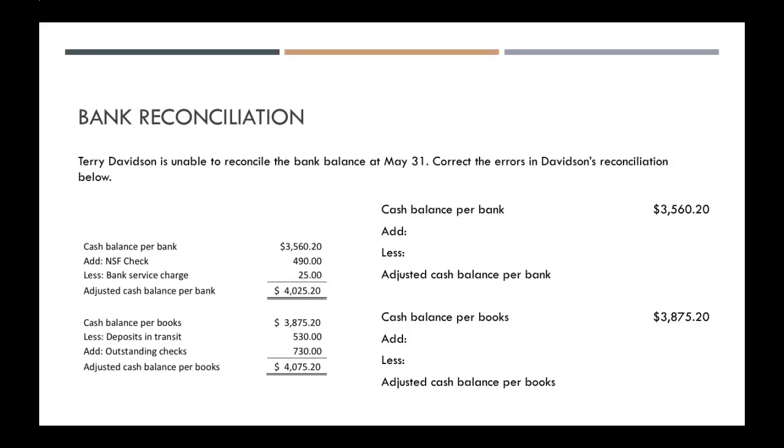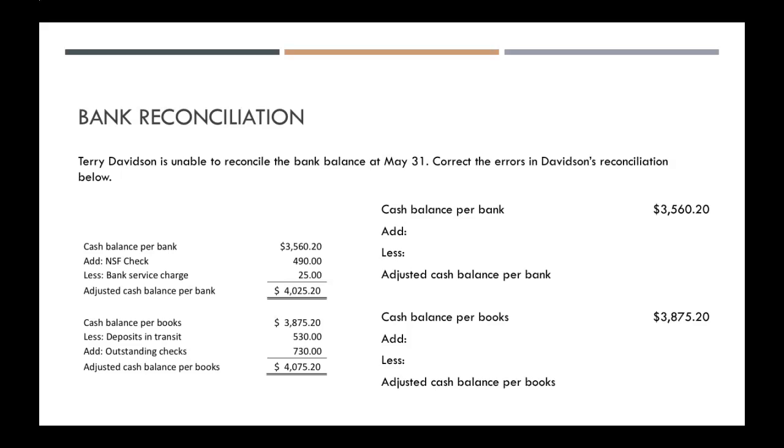Well, an NSF check is a per book adjustment, and a bank service charge is also a per book adjustment. So then we look down below and we see deposits in transit and outstanding checks. Those are both adjustments that we make on the per bank side of a bank reconciliation.